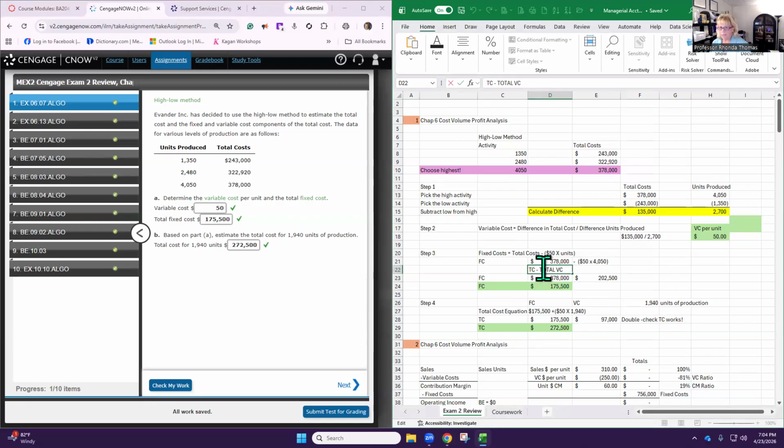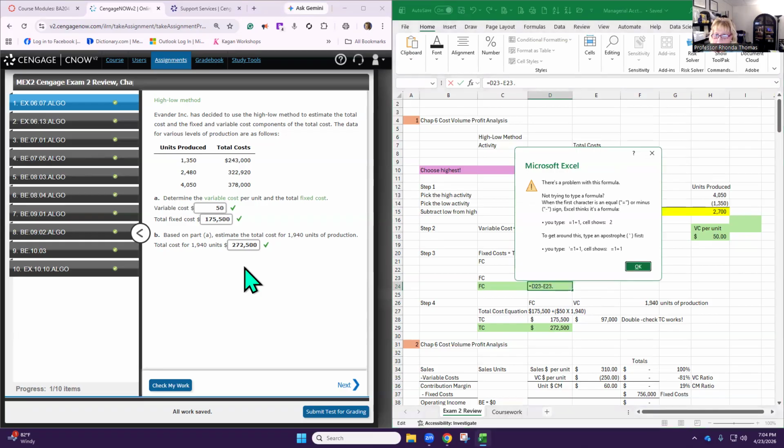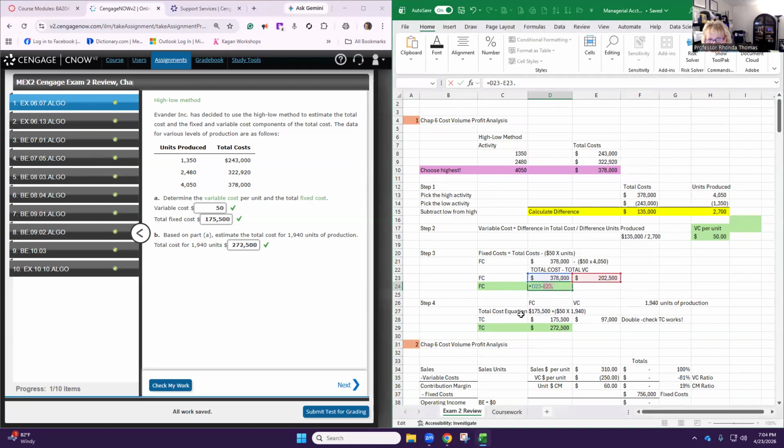Okay, so total cost minus total variable cost leaves you with fixed. Here is our fixed. So fixed is 175,500.